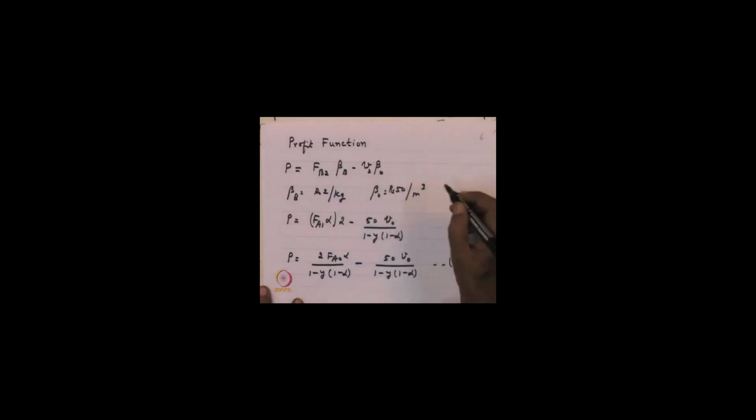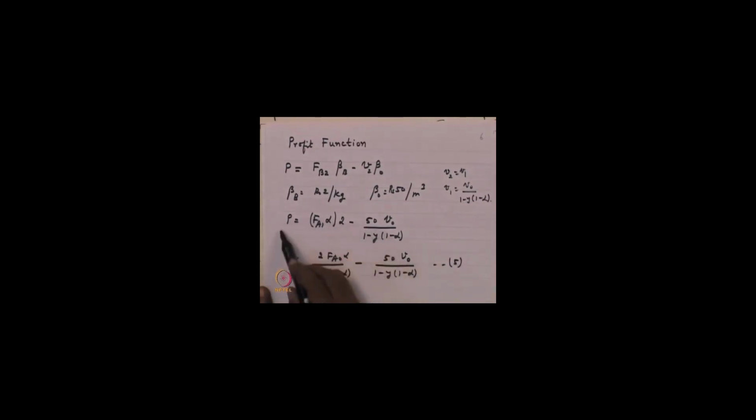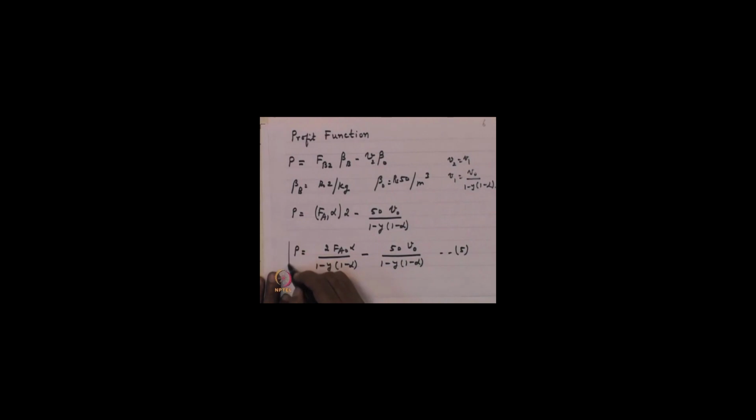We know V_2 is V_1, we have already mentioned that. And V_1 is in terms of V_0, we have already done that: (1 minus y) times (1 minus alpha). We know all that. So, you can replace everything in terms of parameters that you know, so that you finally end up with an equation that defines the profit that you will get from this process.